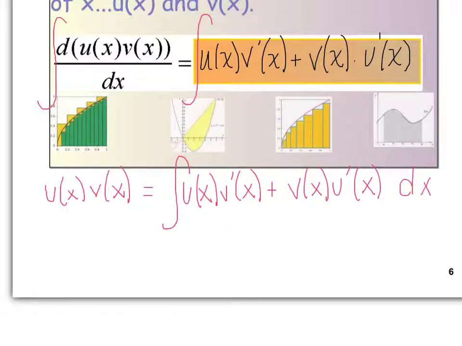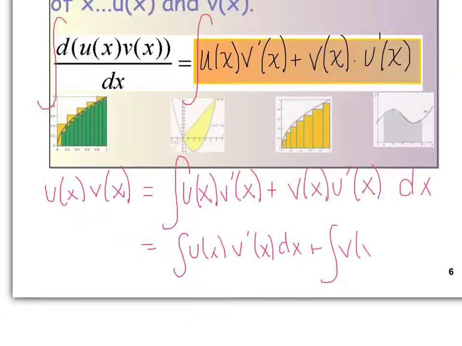But we could actually split this up and say, well, that's just the integral of u of x v prime of x dx plus the integral of v of x u prime of x dx.